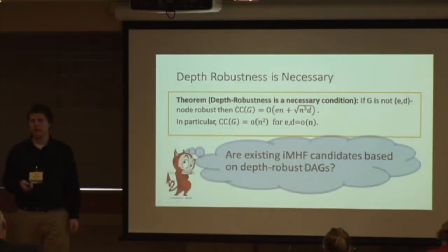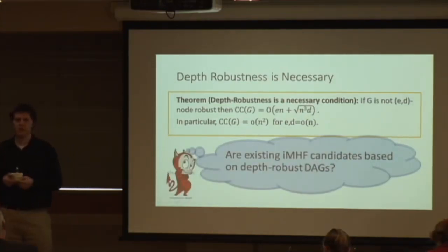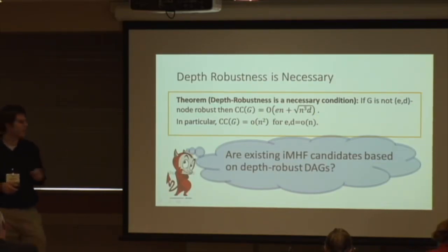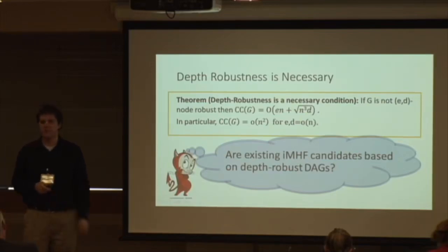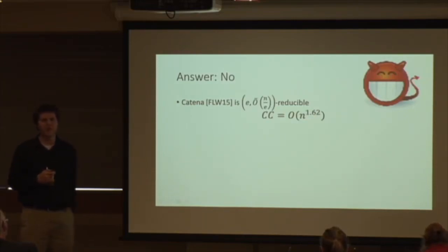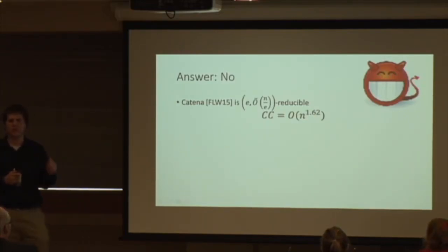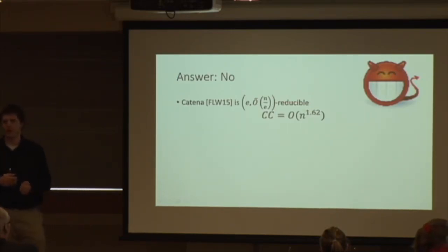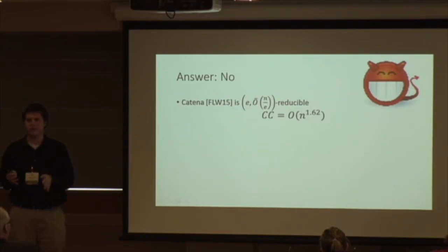So if you're an attacker, the natural question is, are existing candidates for memory hard functions actually based on depth robust DAGs? And the answer is one that's unfortunate but might make an attacker happy. The answer is a resounding no. So we looked at Catena, Argon 2, both the older version and the newest version.